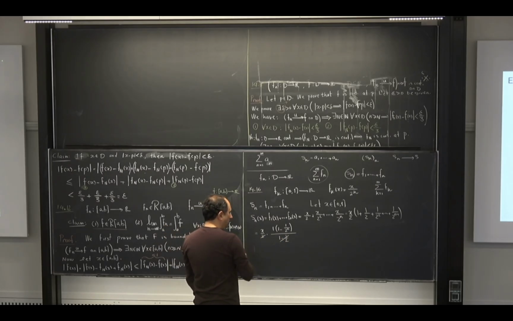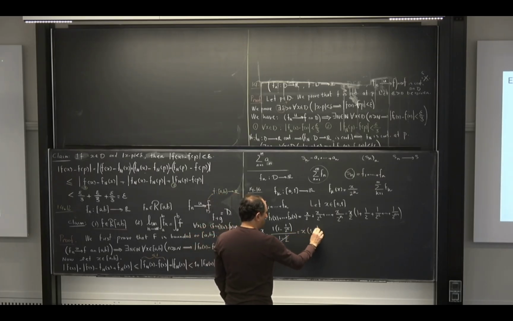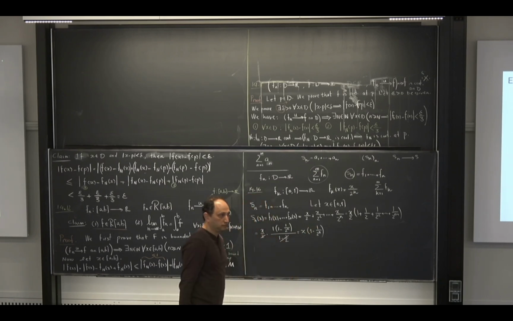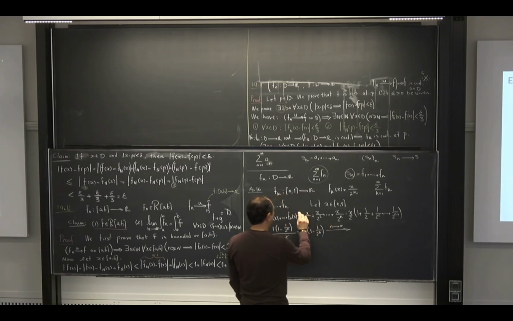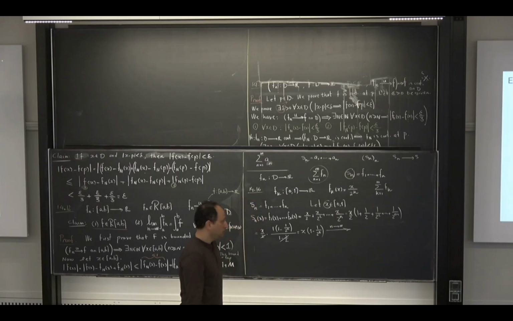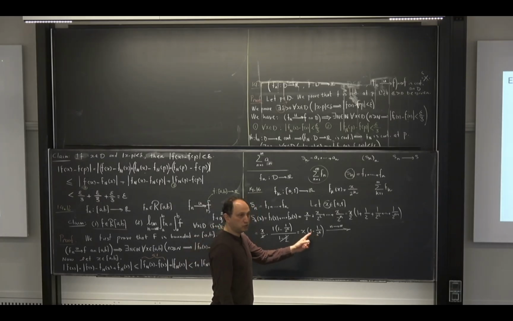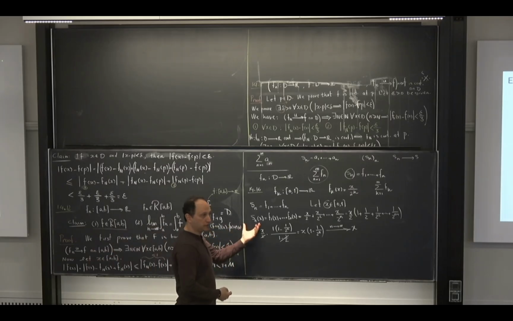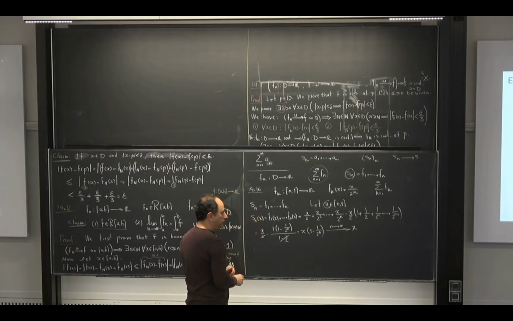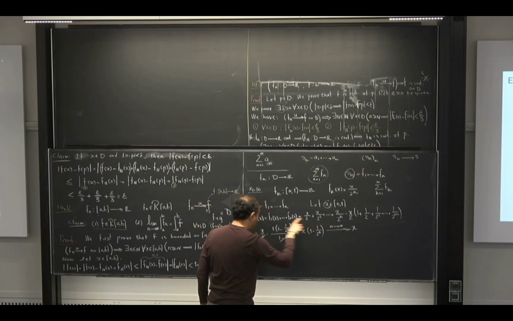This 1/2 and this 2 are gone. So it becomes x times 1 minus 1 over 2 to power n. But now my question for you is, do you think it converges to something if I send n to infinity for that fixed x? Yes, because this goes to 0, this is 1, so it goes to x. Do you agree? But this is at the level of pointwise convergence. For pointwise convergence, Sn converges to x for every x.